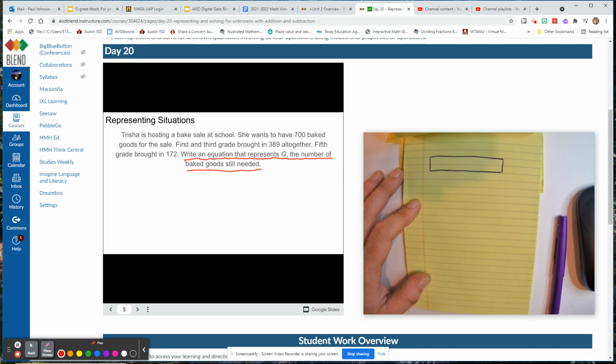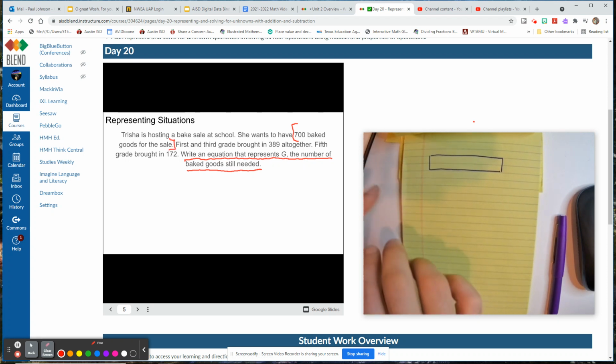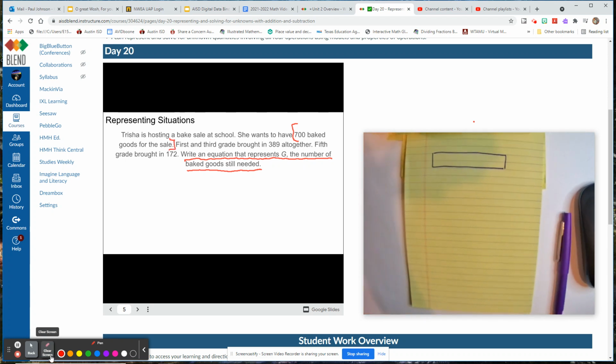Not important. She wants to have 700 baked goods for the sale. That is important. So our whole, the amount she wants in total, is going to be 700. All right, first and third grade, which is one part, brought in 389 altogether. Fifth grade brought in 172.